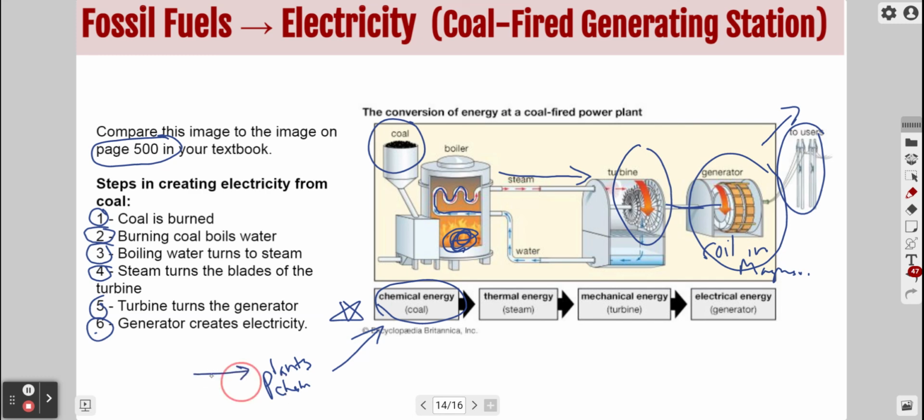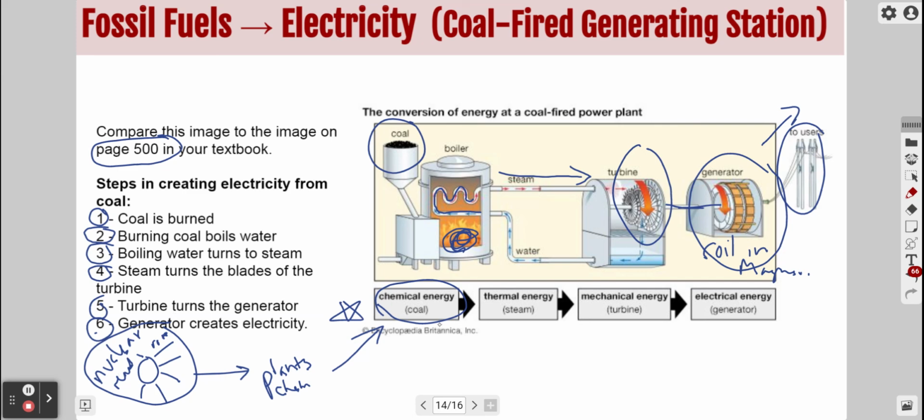They got it from photosynthesis, from the sun, right? And how did the sun get its chemical energy? Remember, think nuclear reaction in the core. So really, this whole electricity being produced by coal, you can find your path all the way back to the nuclear reaction in the sun.